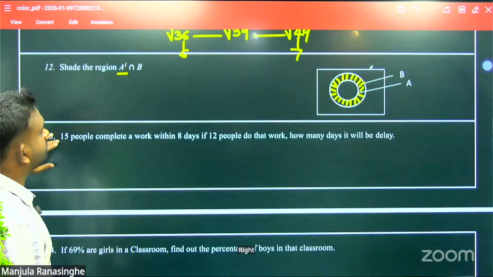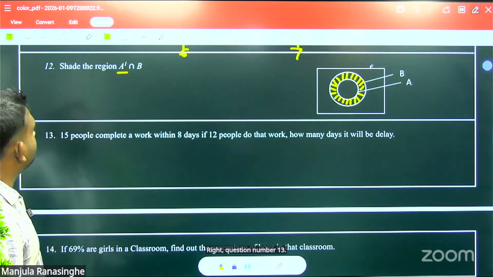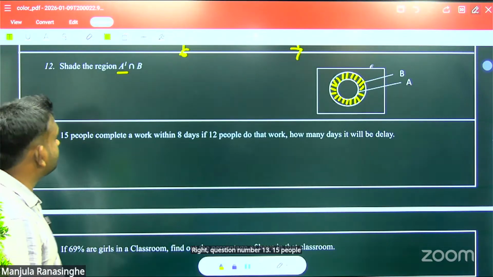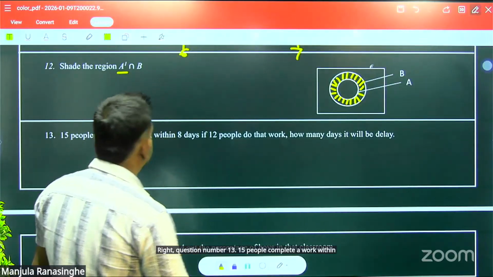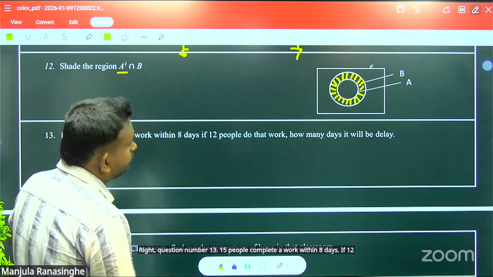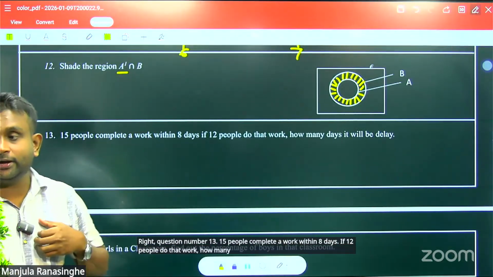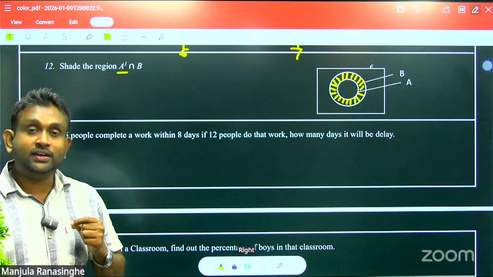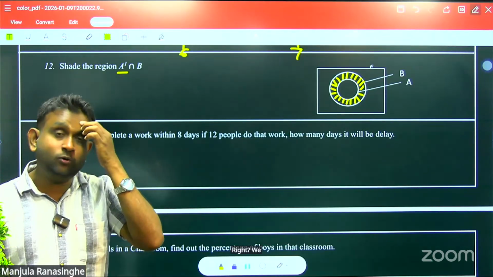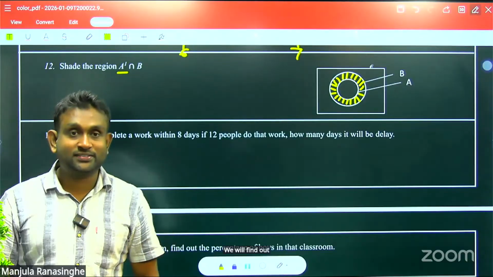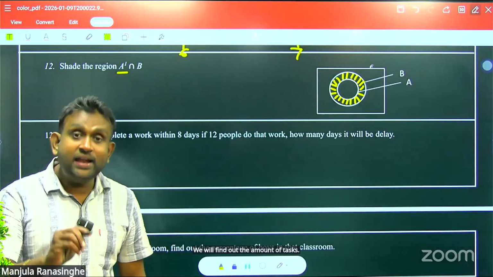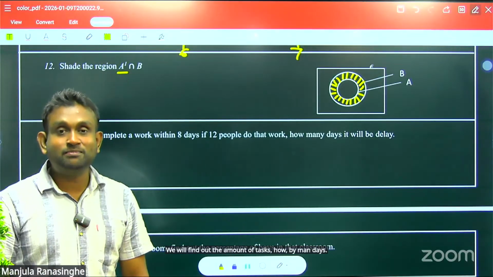Right, question number 13. 15 people complete a work within 8 days. If 12 people do that work, how many days will it be delayed? Right, look carefully. We will find out the amount of task by man days. How do we take the man days?